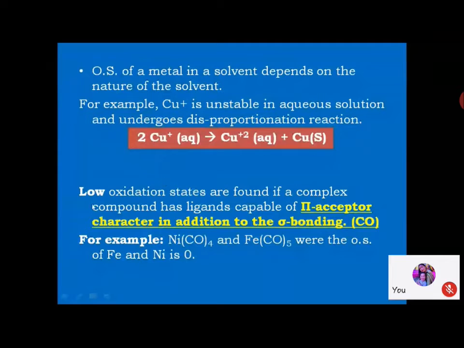Then next, low oxidation states. As mentioned before, iron and nickel show zero oxidation state in carbonyls. Now this is CO. Why? Because this carbonyl is a ligand in complex compounds, which we will discuss in the next chapter. These are pi acid ligands. What a pi acid ligand is, we are going to discuss in the next chapter.